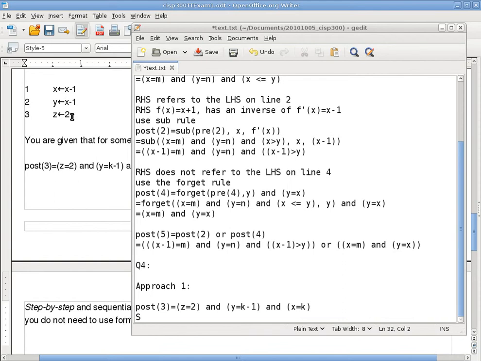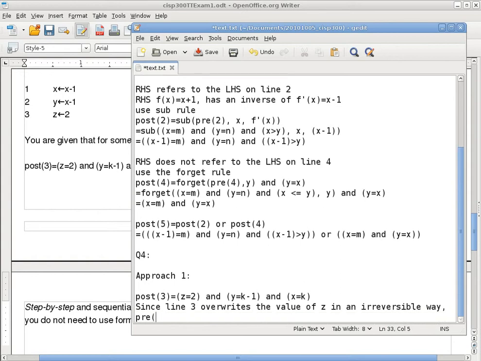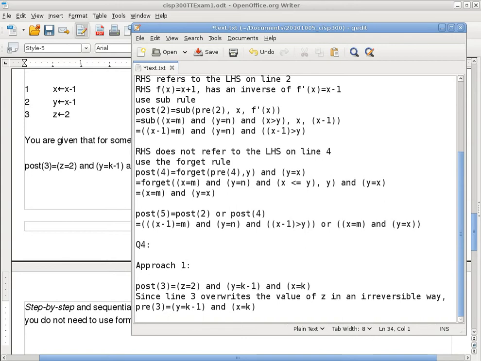So I would just say that since line 3 overrides the value of z in an irreversible way, pre-3 is basically the same thing, but I can't really say anything about z anymore, because there's no way for me to reverse the operation and find out what the old value of z was before line 3.